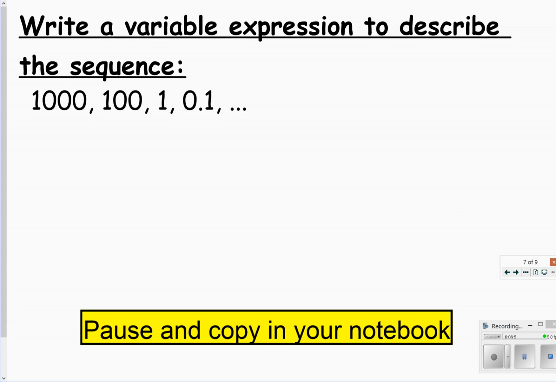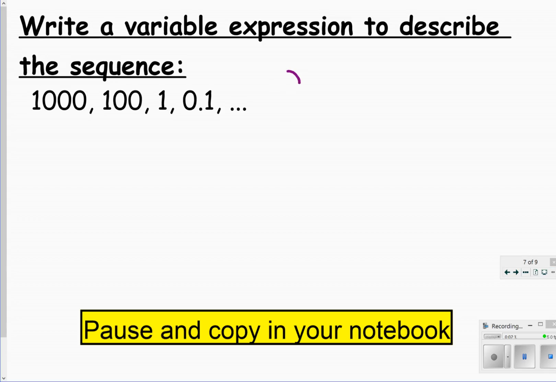Excellent. All right. Well, for this example, it says 1,000, 100, 1, 0.1. So it's changing pretty fast. And in fact, it's going down. So I don't think that we're going to be subtracting a certain number. I think we're going to be dividing. And if it's dividing, we can tell because it's going really fast. It's jumping big numbers.